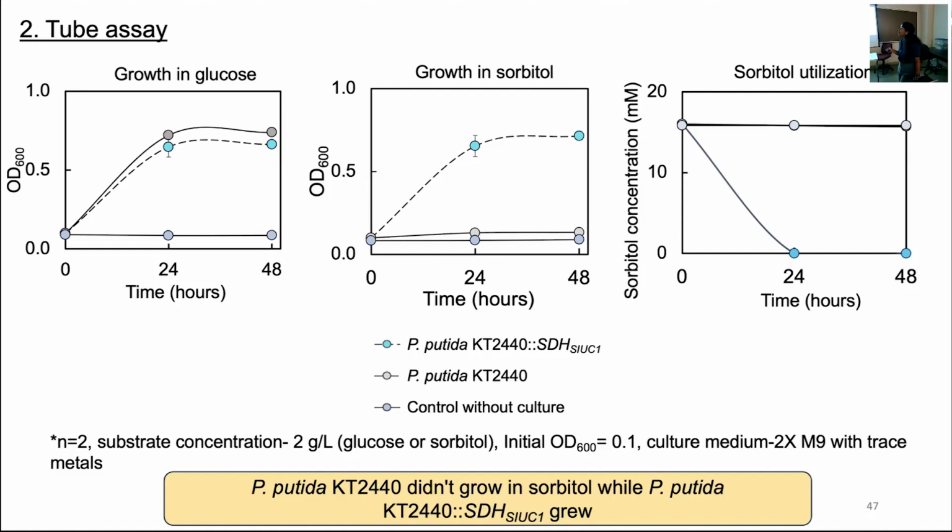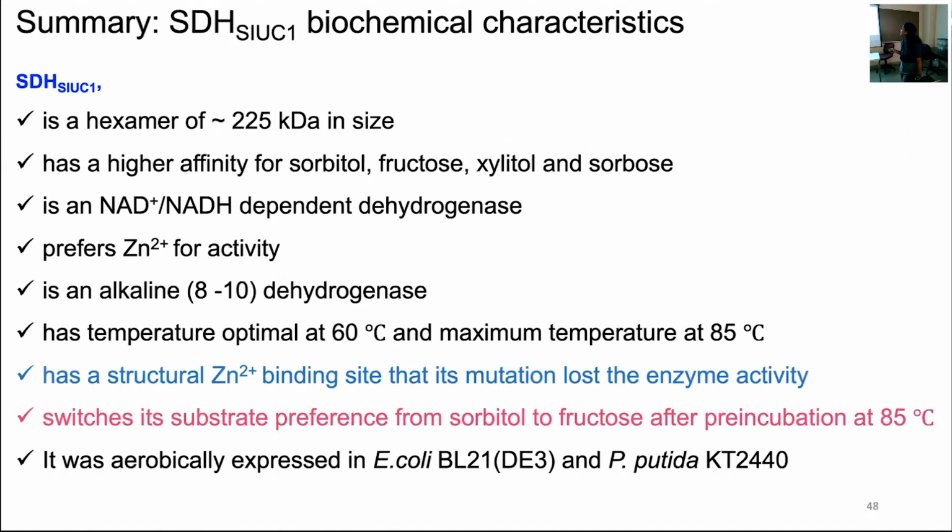If I give a summary of the biochemical characters of this STH-SIUC1, we could say that it's a hexamer and has a higher affinity for sugar alcohols like sorbitol and xylitol, and ketoses like fructose and sorbose. It's an NAD+/NADH dependent dehydrogenase, which prefers Zn2+ and alkaline pH conditions.